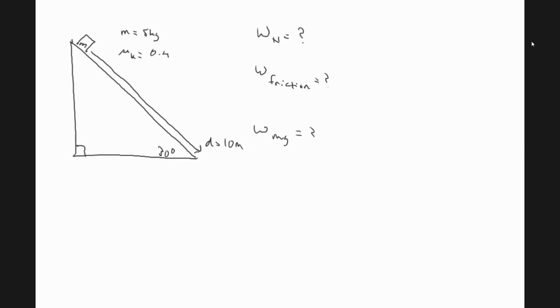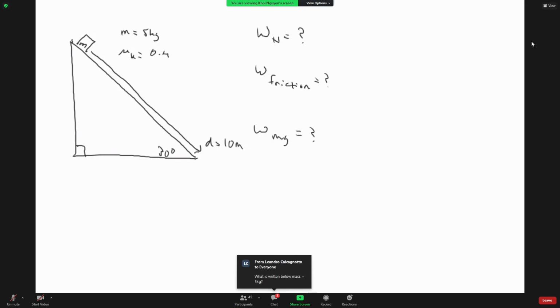So all we're doing now is taking those forces, multiplying it by a displacement, and multiplying it by the cosine of the angle in between those two forces. The two vectors, the displacement vector and the force vector.